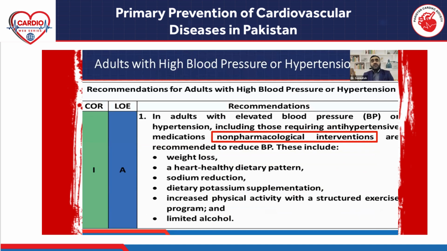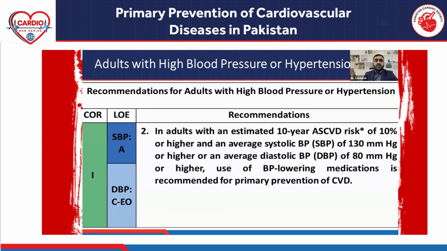The non-pharmacological interventions are recommended to reduce blood pressure, and these include weight loss, a heart-healthy dietary pattern, sodium reduction, dietary potassium supplementation, physical activity with a structured exercise program, limited alcohol. So all these non-pharmacological interventions are class 1 in all those patients who are having elevated blood pressure.